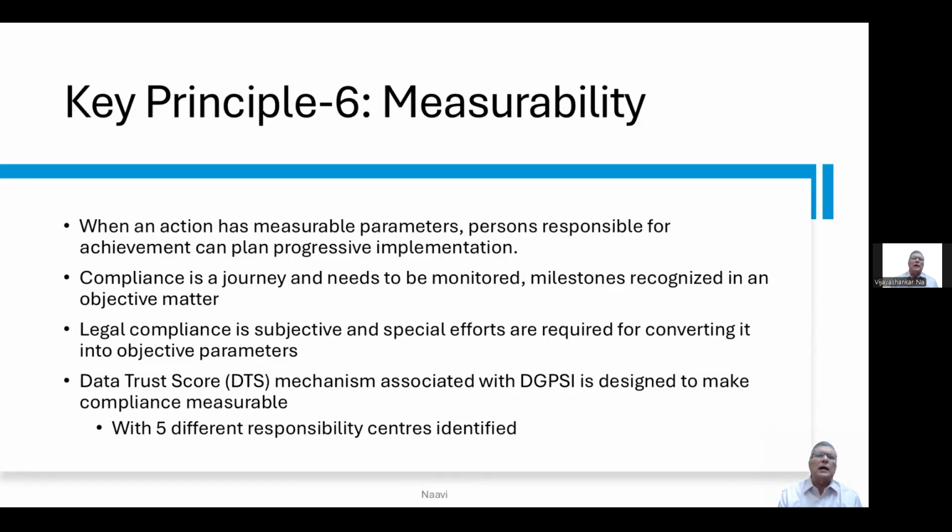So in finding out a data trust score, if the compliance is not properly structured so as to evaluate its inherent value, it becomes difficult to measure. So in different contexts, one has to see that this kind of measurability is built into it.